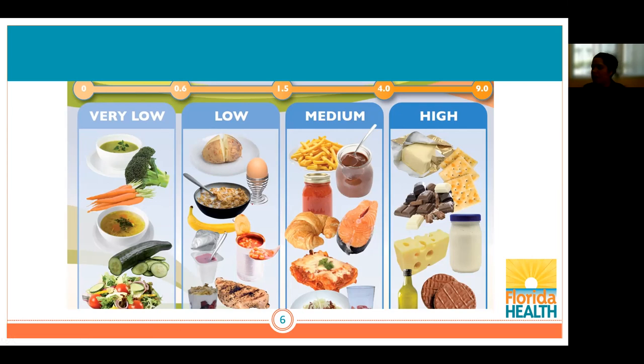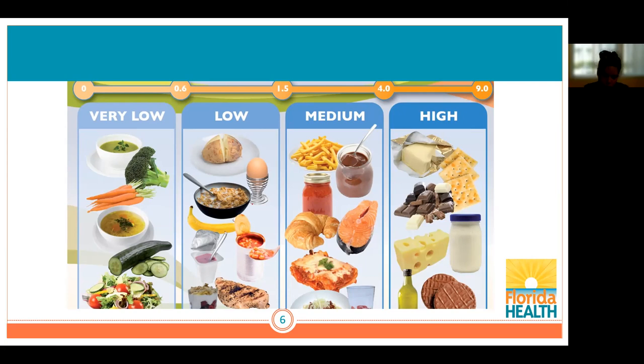In between, we have some cereal, chicken, etc. And then on the opposite end are things we know are not that good for you. So chocolate, fries. Unfortunately, cheese is really high in energy density. So that's just giving you an idea.